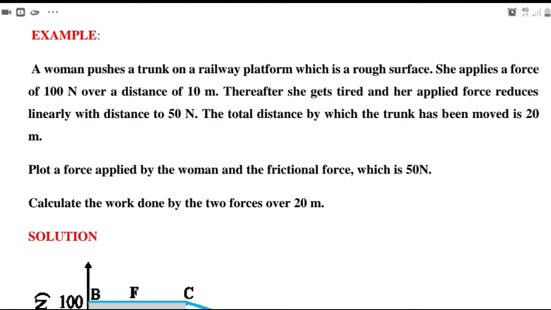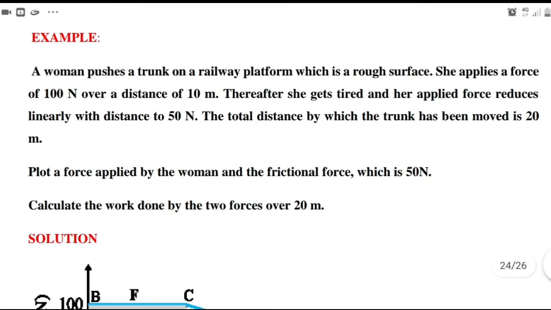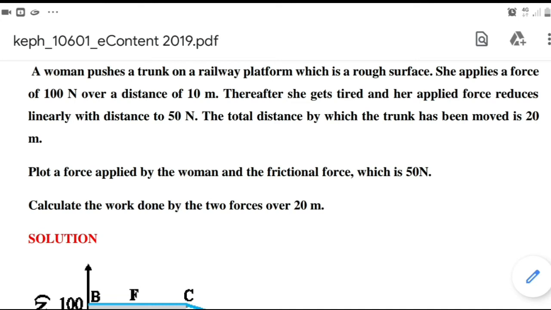From the question, it's given that the total distance moved by the trunk is 20 meter, and the woman pushes the trunk with a constant force till 10 meter. So up to 10 meter distance, the force applied by the woman is 100 Newton, which is constant.